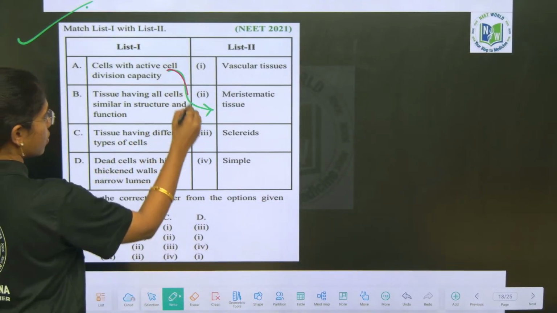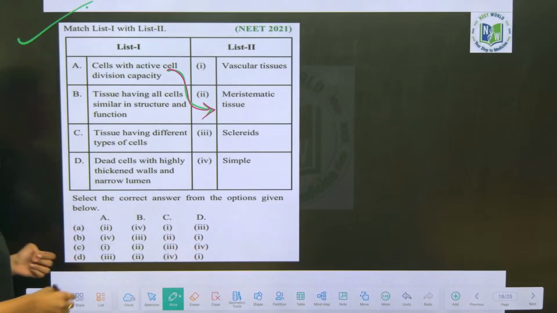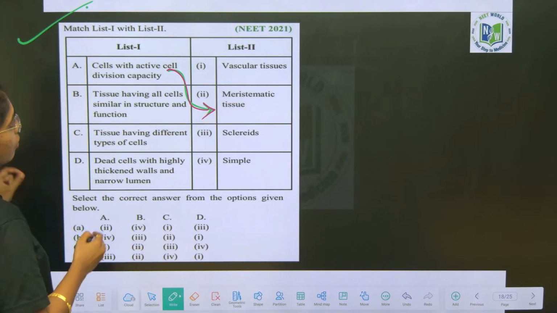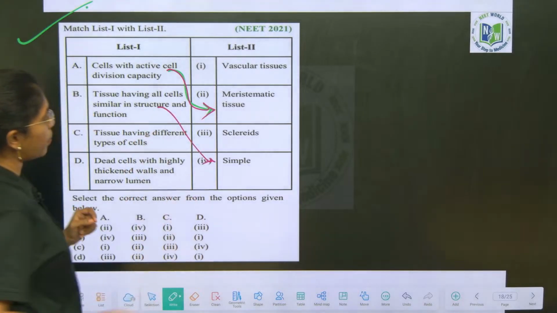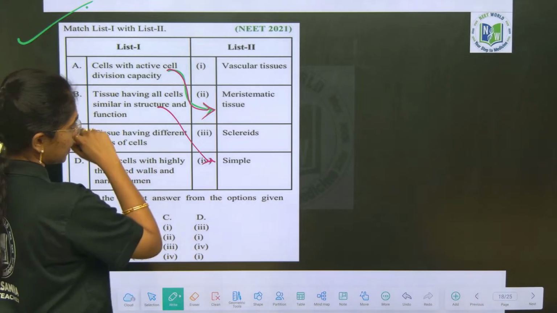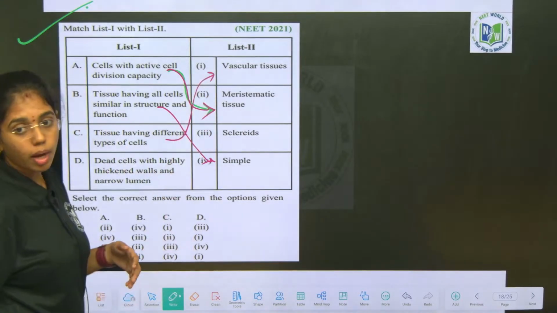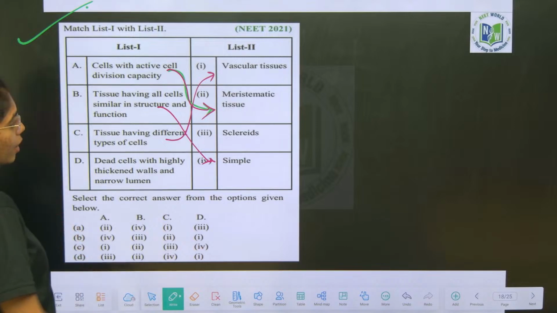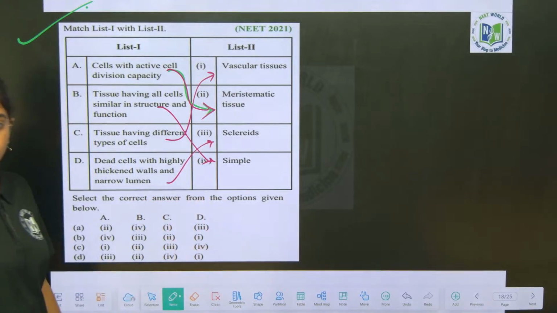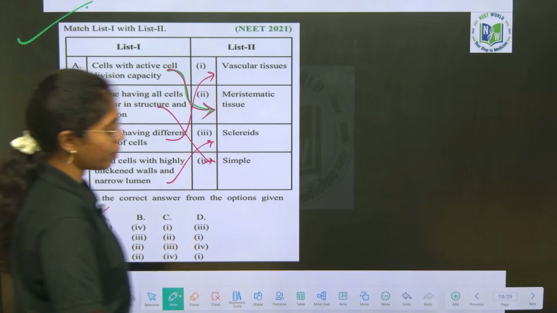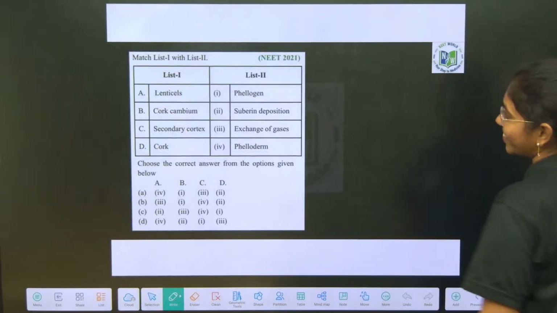Yes or no? Meristematic tissue. Tissue having all cells similar in structure and function are simple permanent tissues. Tissues having different types of cells, vascular tissues, are complex permanent tissues. Dead cells with highly thickened walls and narrow lumen are sclerenchyma. Now tell me, what is the right answer? Already told, this one.